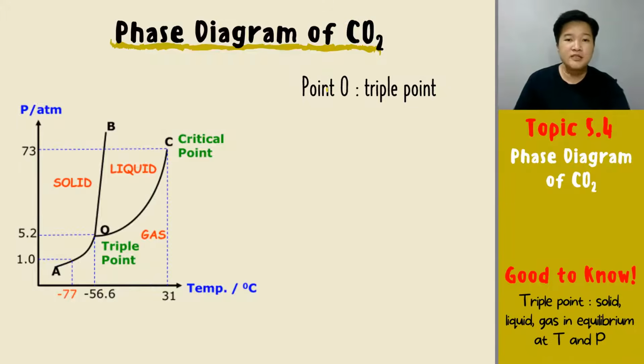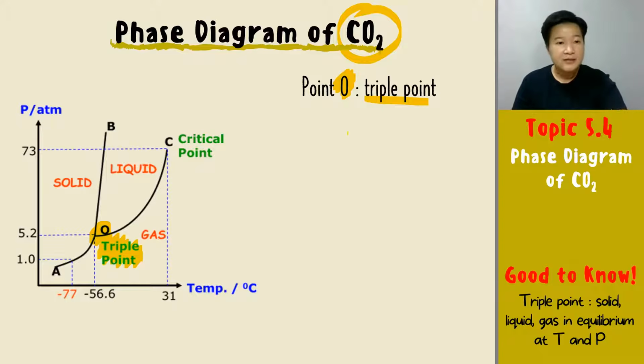Okay? The next point that we are going to look at is your point O. Your point O, as we all know over here, is your triple point. So the point O for your carbon dioxide is right now at 5.2 atm and also negative 56.6 degrees Celsius.